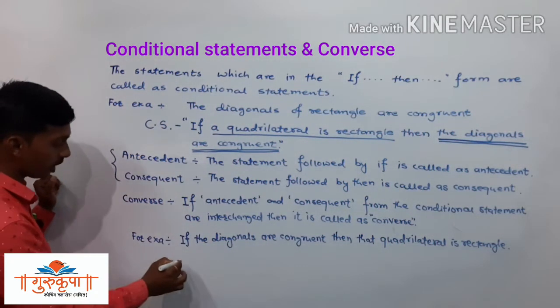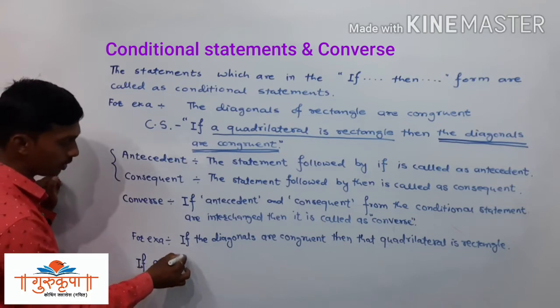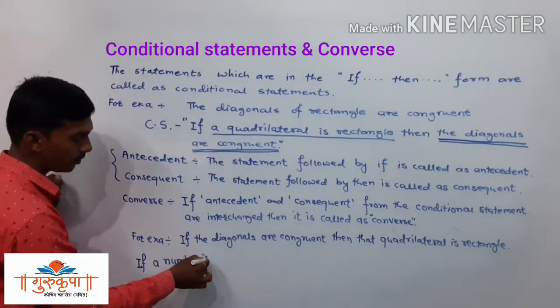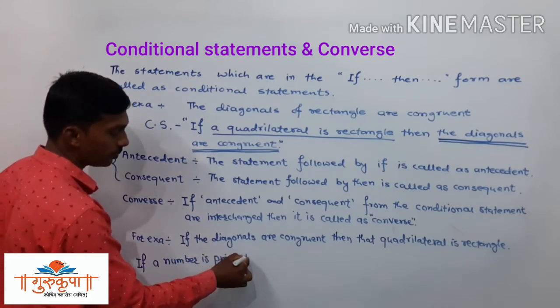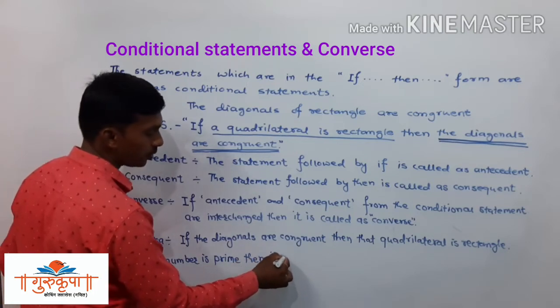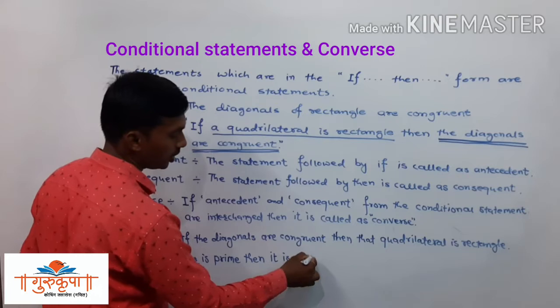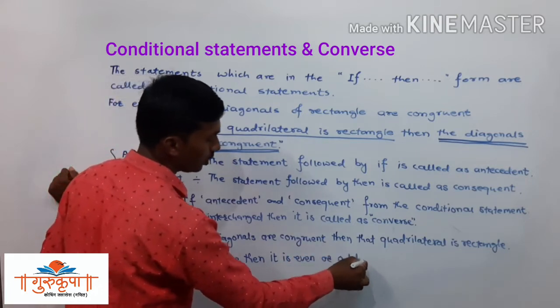If a number is prime, then it is even or odd.